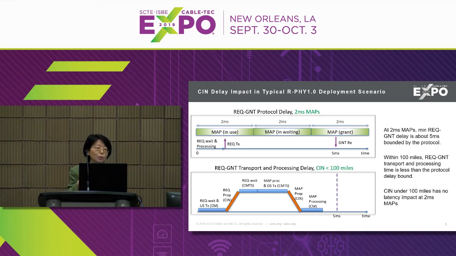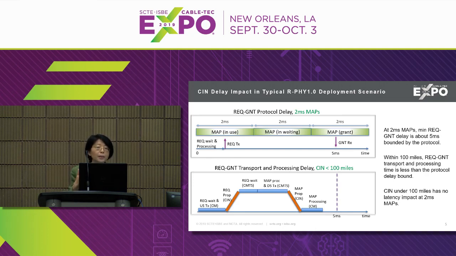So this is really two sides of the coin. First, you look at the green bars over there. If you're looking at it from a request grant protocol point of view, data coming into the cable modem sends a bandwidth request using a map. For every map being used, there's another map waiting in line next door, which is already built. So the earliest time for a grant available for this particular purple-colored request is 2 maps away.